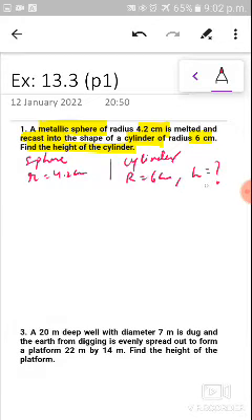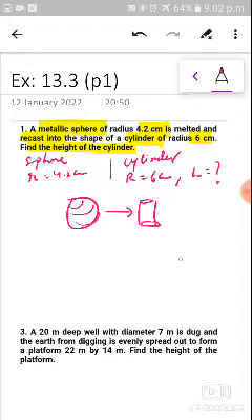Firstly it was a sphere and we have recast that sphere into a cylinder of radius 6 centimeter. We need to find the height. So we can write volume of sphere will be equal to volume of cylinder.